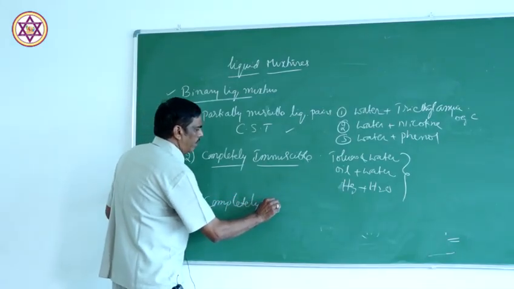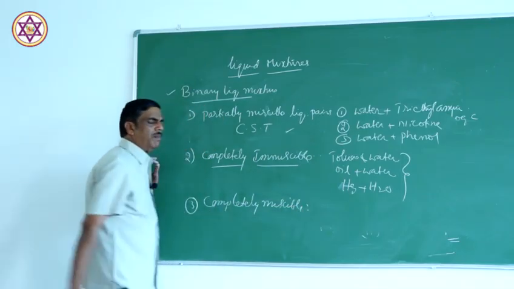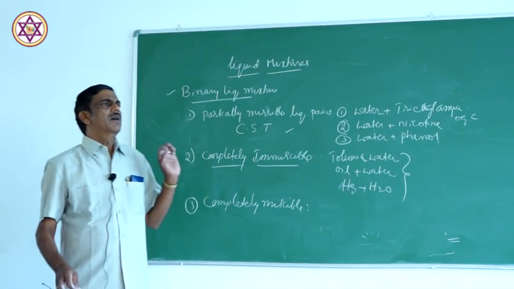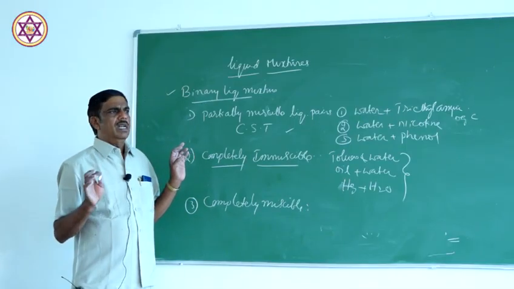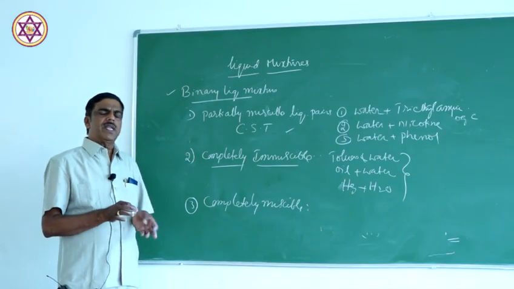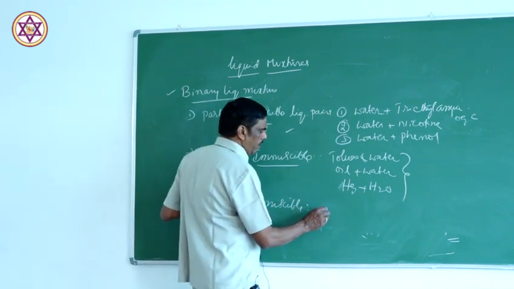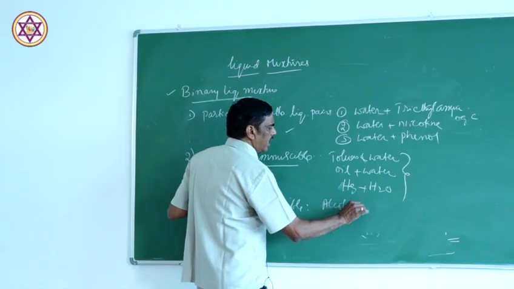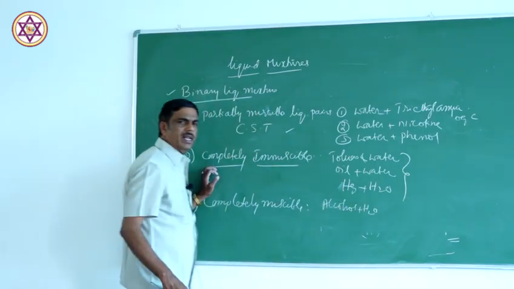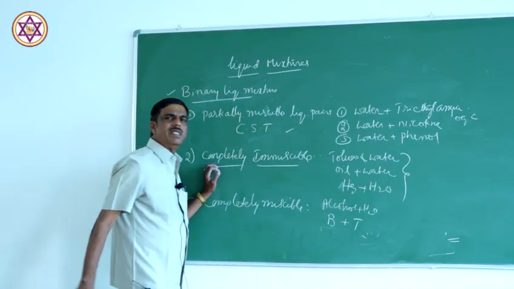The third type of binary liquid mixture is completely miscible liquid pairs. In completely miscible liquid pairs, there is no hindrance at all. At any proportion, at any temperature, they are completely soluble. A very good, very important example is ethyl alcohol and water, and benzene and toluene.